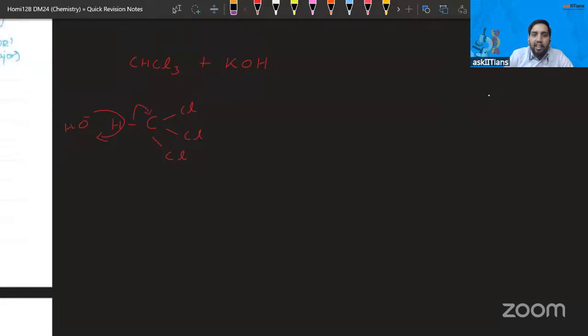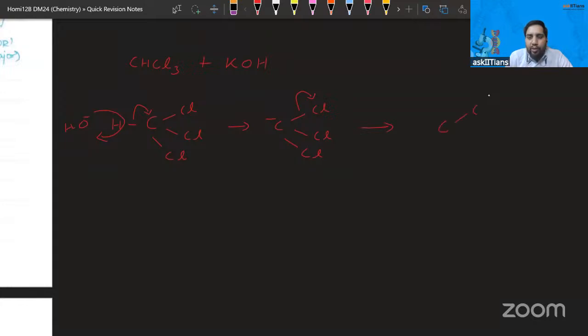Now, this step is going to occur simultaneously, but I am going to expand it. Suppose you have a carbanion here, with Cl, Cl, and Cl. As soon as this carbanion forms, one chloride ion is going to leave. That will give carbon a positive charge, but carbon is already having a negative charge, so that is going to neutralize.